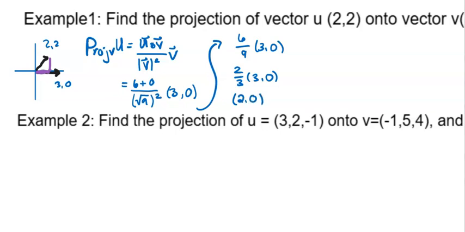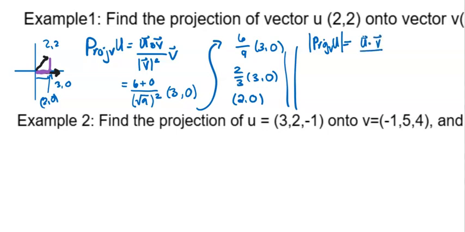And if you look at our resultant vector, well, that makes sense because the point 2, 2, if you were to drop it down, it only goes 2 in the x direction, so it does make sense that this point here is 2, 0. Okay, the question also wants to know the magnitude. So the magnitude of projection u onto v is u dot v all over the magnitude of v.